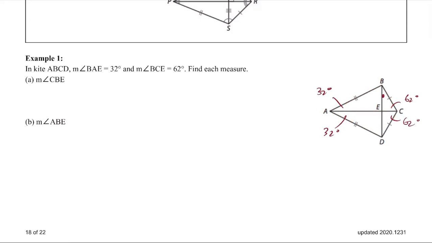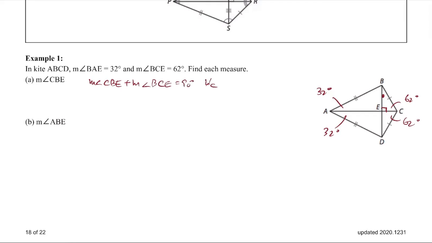Now it's asking for CBE. So this angle. Well, we know that this is a right angle right here. Therefore, we know that the measure of angle CBE plus the measure of angle BCE is 90 degrees.